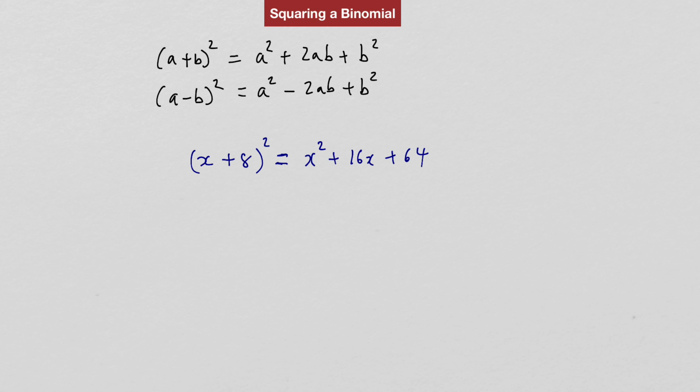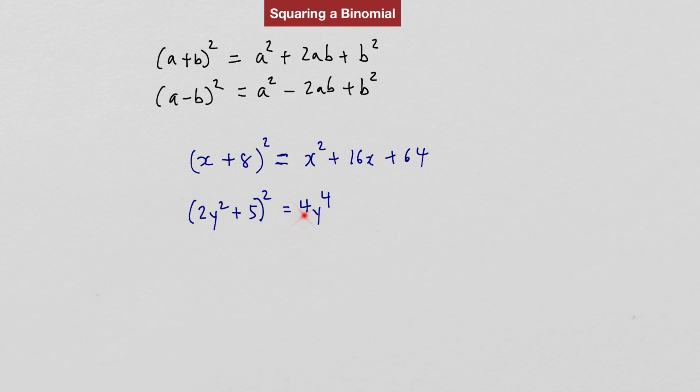Okay, let's try another example. Let's say we have 2y squared plus 5, quantity squared. Well, if we follow this first equation, it just becomes 4y to the 4th. We are taking this and multiplying it by itself, so that's why we have 4.